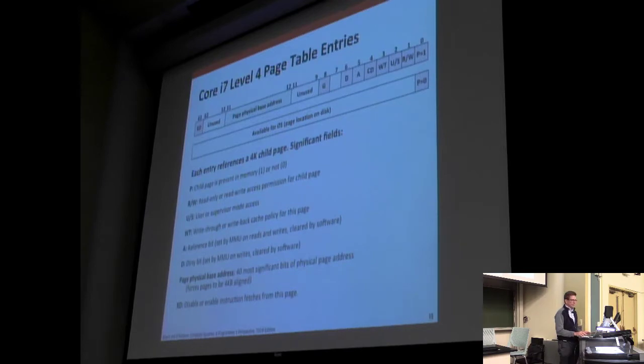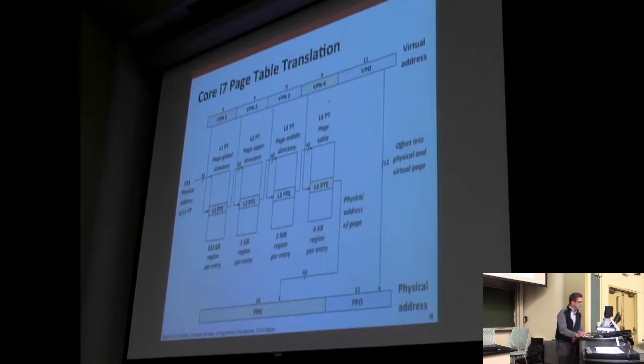Okay, so the way it does address translation then is, for each process the kernel maintains the set of page tables, of course, and then it maintains the address of the first level page table in a register called CR3. This is a physical address that points to the base of the level 1 page table.